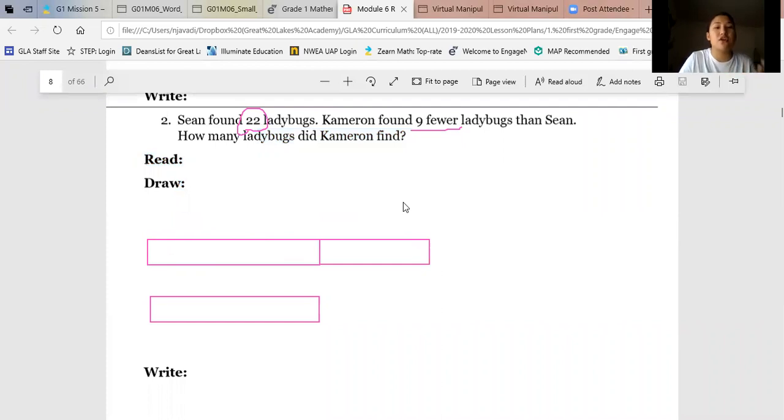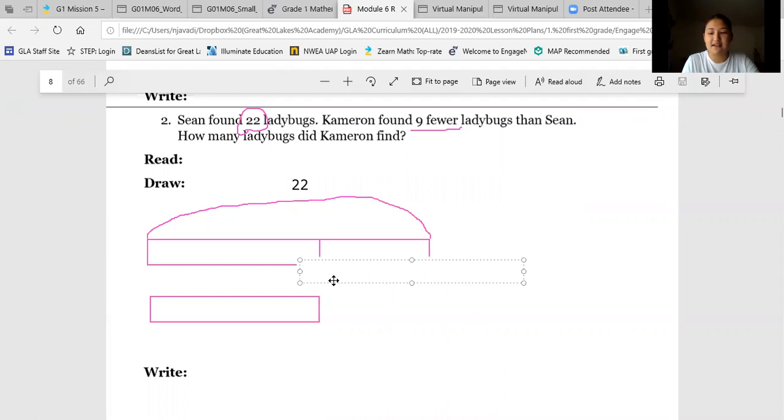So to show the total in a really neat and nice way, I'm going to draw a line from the beginning all the way to the end of this tape diagram and label it 22 so that I know that the whole thing is equal to 22. I'm also going to label this tape diagram an S for Sean. If you don't have your labels, better fix it now.